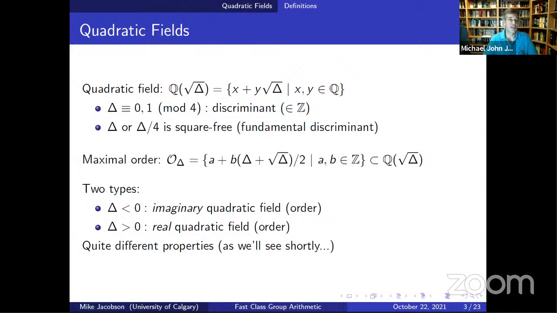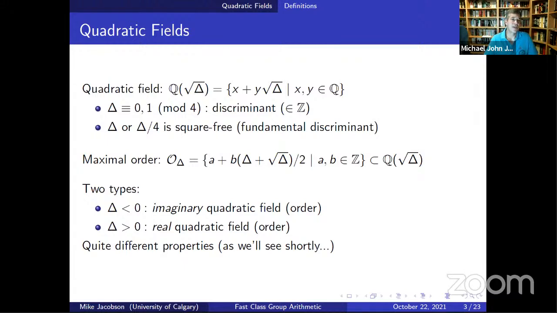They're formed by just adjoining a quadratic irrationality to that field. These are completely parameterized by discriminants, so it's really easy to write one of these down. You just pick an appropriate integer delta and you've got one. Writing down the maximal order, the largest ring of algebraic integers inside that, is also, in the quadratic case, an easy process. So we get our maximal order quite easily.